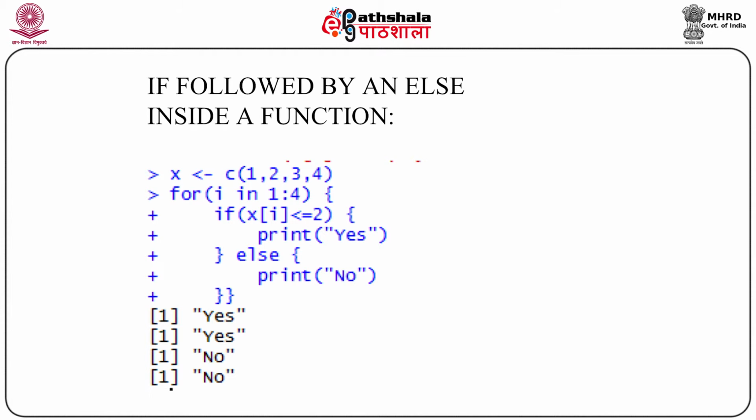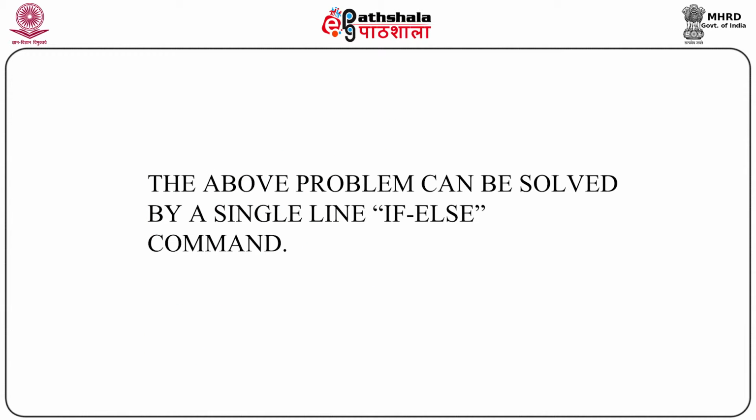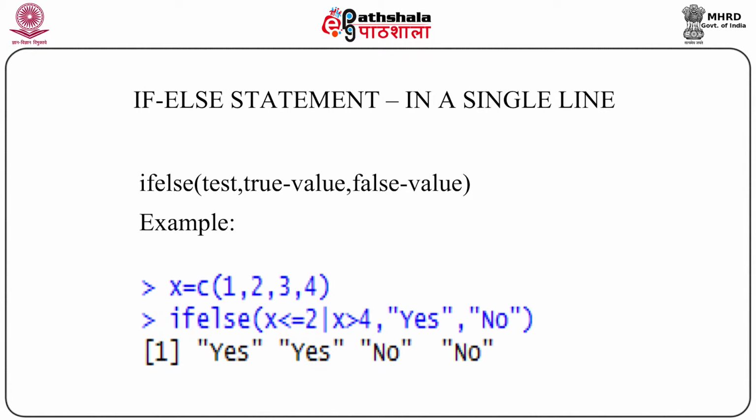So what to do? Here comes the idea of the single ifelse command. So let's see how it works. The syntax of the statement will be like this. Here at first we need to put the test you want to execute, then the true value should be given, and finally the false value.